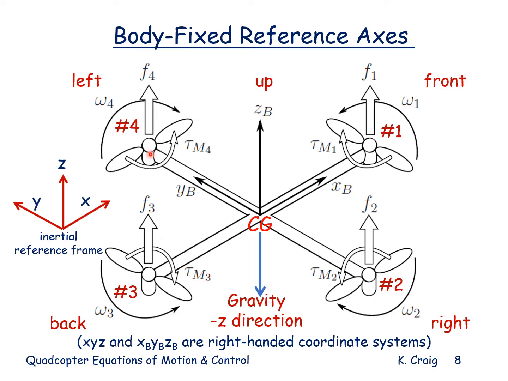And lastly, motor 4, which rotates in the clockwise direction, its reaction torque is indicated in the counterclockwise direction due to its rotor and propeller, and it is labeled tau sub m4. This then is a diagram that shows the body fixed reference axes and the forces and moments acting on the quadcopter frame.